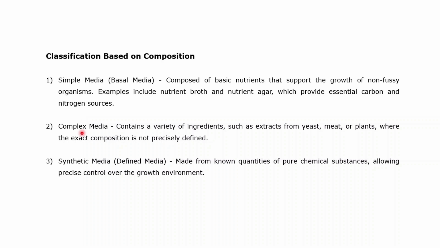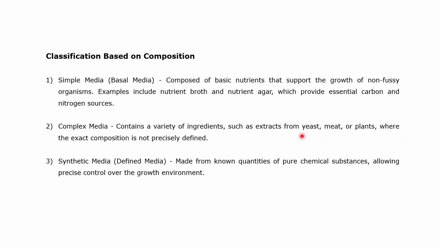Coming to the complex media, we do know that there is a variety of ingredients present in it. Some examples include yeast extract, meat or plant extracts. Basically it's a combination of different nutrients or other components that promote growth of that cell culture.